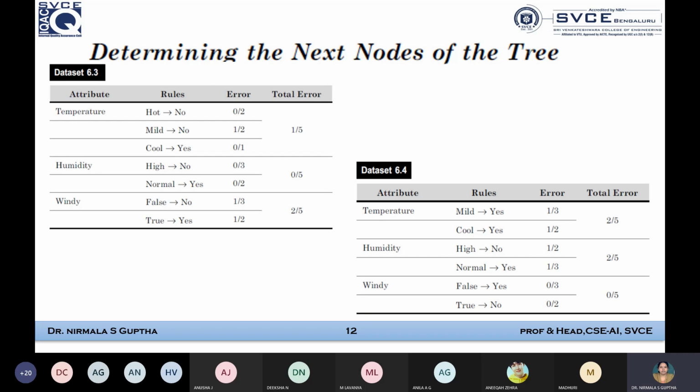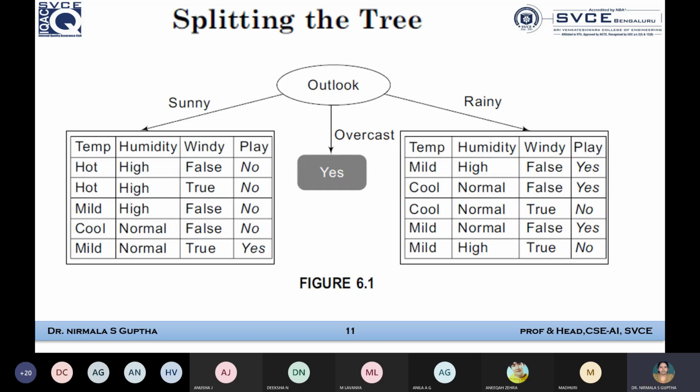Similarly, we need to compute the value with respect to rainy also. So rainy, temperature. Luckily we don't have three values here, only mild and cool. Mild 3 times, cool 2 times.